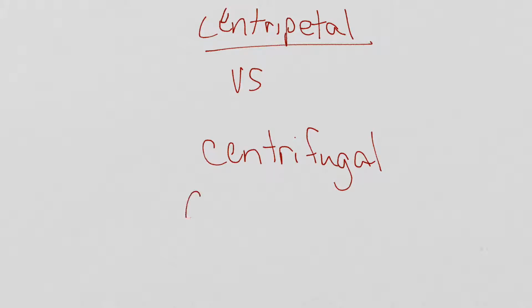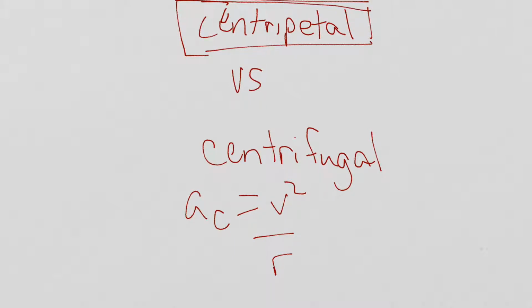And its equation is centripetal acceleration is equal to v squared divided by r, which you worked with a little bit with the gizmo yesterday. Centrifugal is pretty much a made-up force. Usually the term is used incorrectly in popular media. Normally when they are saying centrifugal, they mean centripetal. So we are just going to stick with the term centripetal force and acceleration. Okay.